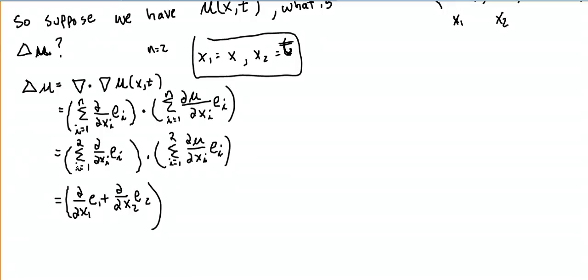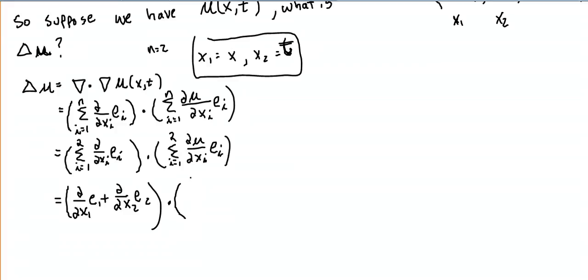That's what the index goes into here and here. Dot product, because this is a vector. These are vectors in the unit vector directions, if you want to get fancy with the hat notation.